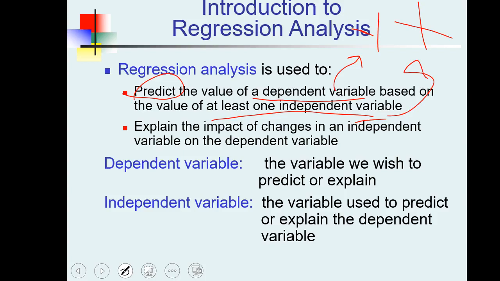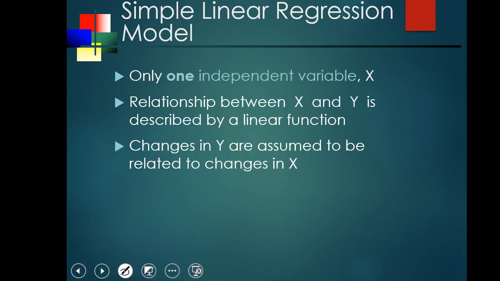The dependent variable is the variable we wish to predict or explain, that is y, and the independent variable is the variable used to predict or explain the dependent variable. So y always depends on x, and x is independent of y, so we call x the independent variable.